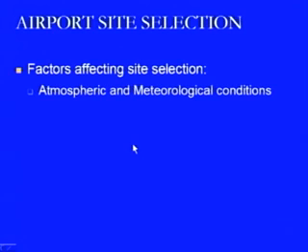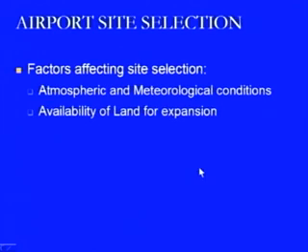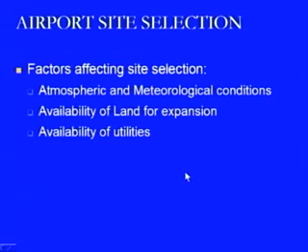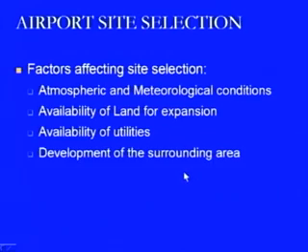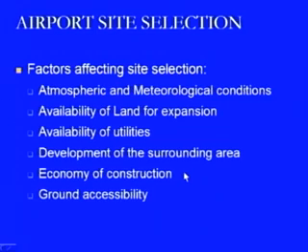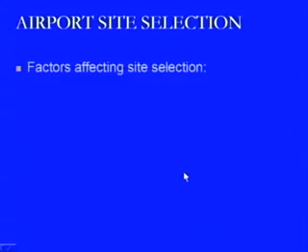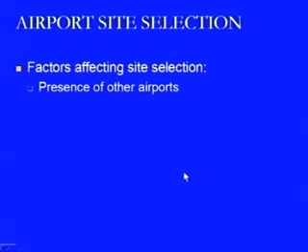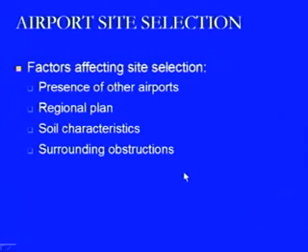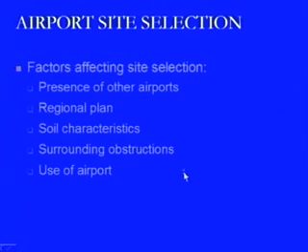And that should be there. Apart from these, there are other factors which may have an effect on the selection of a site, and these factors are atmospheric and meteorological conditions, availability of land for expansion in the future, availability of utilities, development of surrounding area, economy of construction, the ground accessibility, then the presence of other airports in the vicinity, regional plan, soil characteristics, surrounding obstructions, and use of airport.